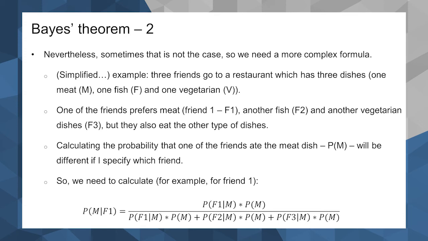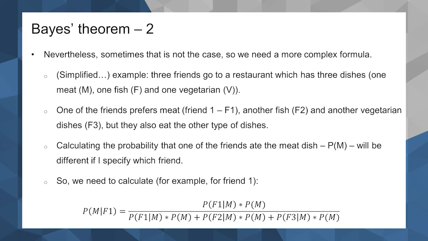But it will be different for the different friends. So let's say we know, for example, that friend 1, and we're going to try and calculate for friend 1 what is the probability that they have the meat dish. So in that case, what are we calculating?